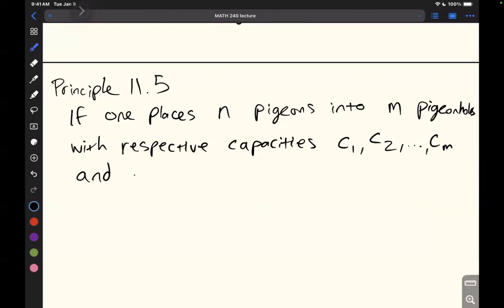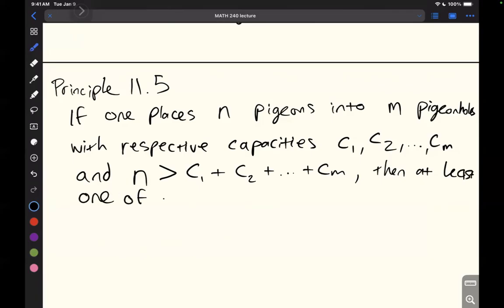And n, our number of pigeons, is greater than the sum of all of those capacities. Then at least one of the pigeonholes will contain more pigeons than its capacity.